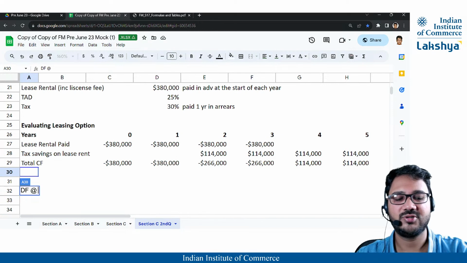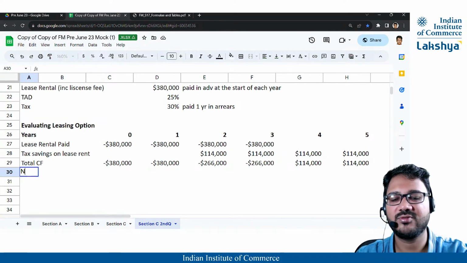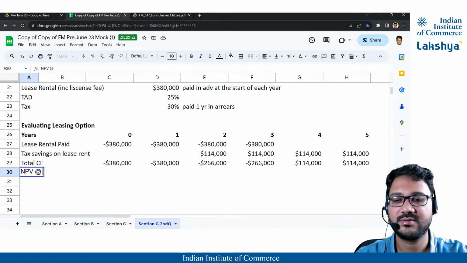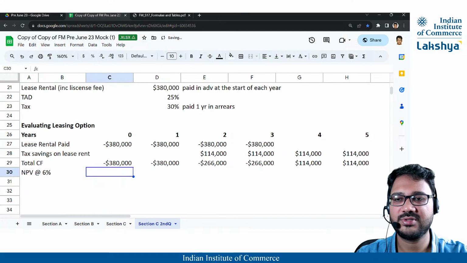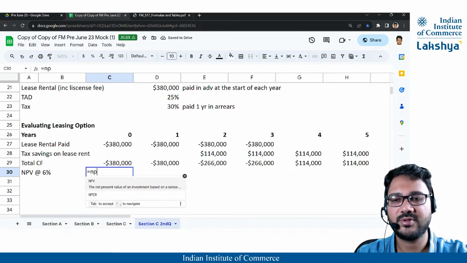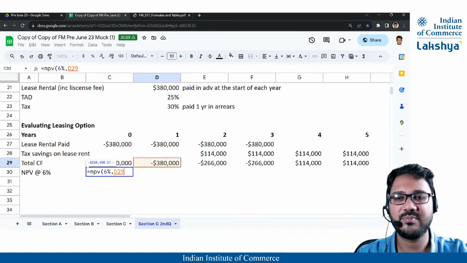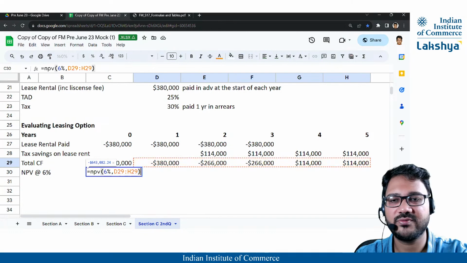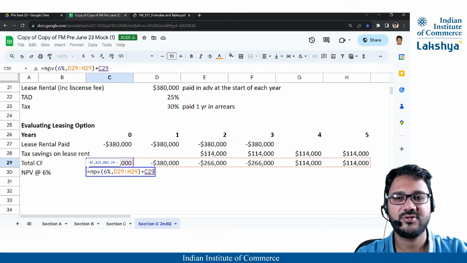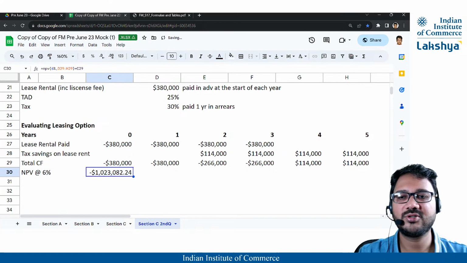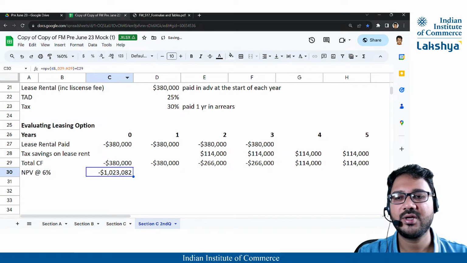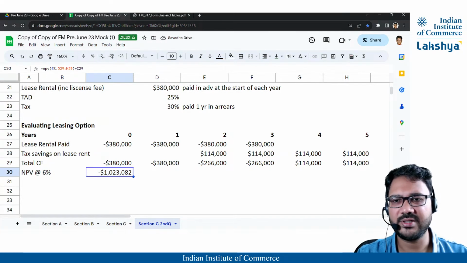So at 6%, or we can just find the NPV of this, to save time, is equal to NPV at 6%. Now remember, we take only cash flows from year one onwards, and then adjust for year zero, because year zero is already in present value. So our total outflow is approximately $1 million.